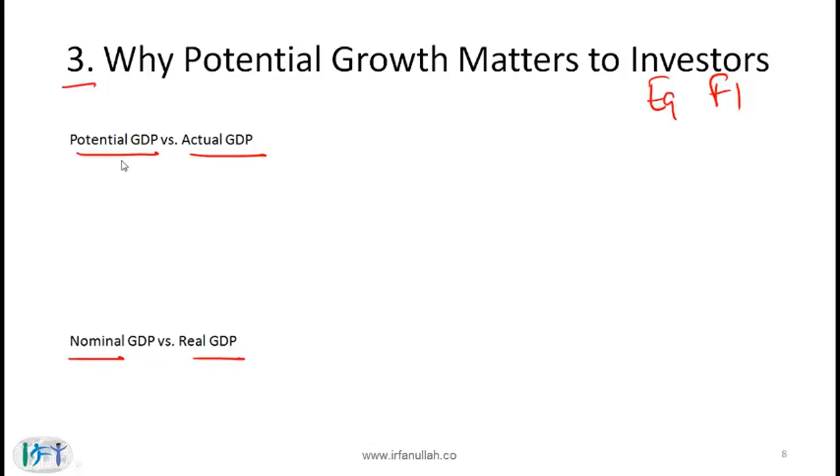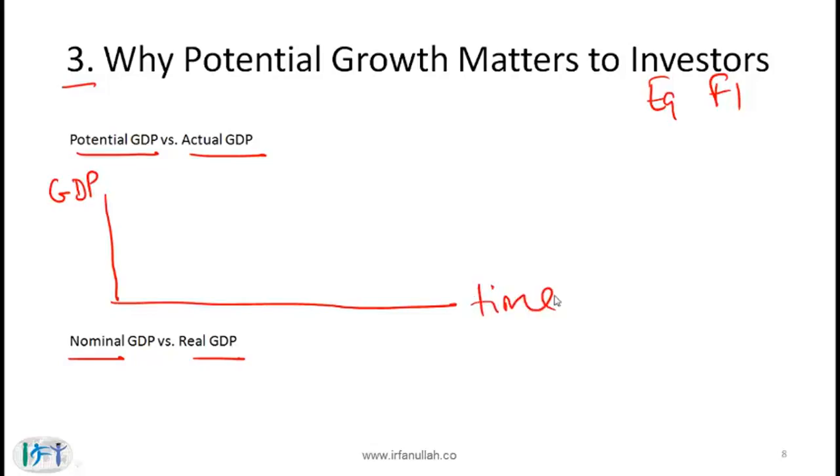So to understand potential GDP versus actual GDP, think of the business cycle of a country. So if we draw a simple graph with GDP on the y-axis and time on the x-axis, if you take a country like China, the GDP or the output of the country has been growing over time.